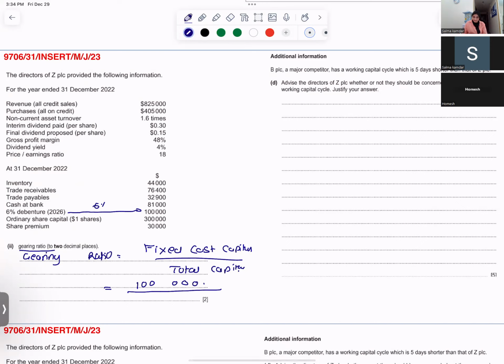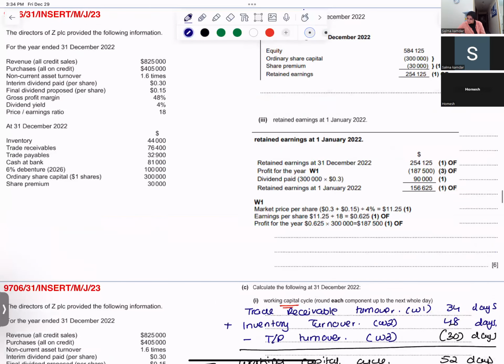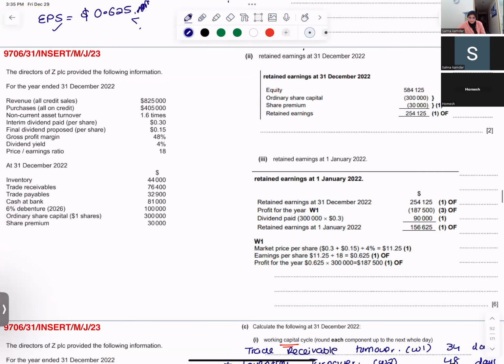What is total capital? Total capital means your non-current liability plus your equity. What is your non-current liability? 100,000, plus equity. What is equity? 584,125.